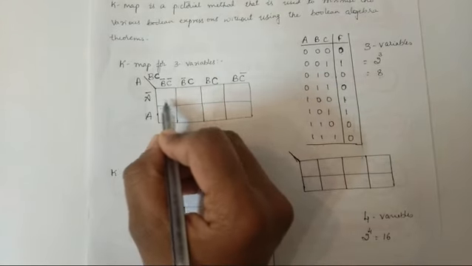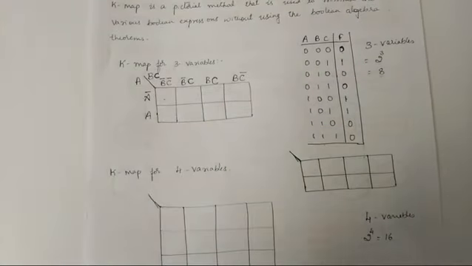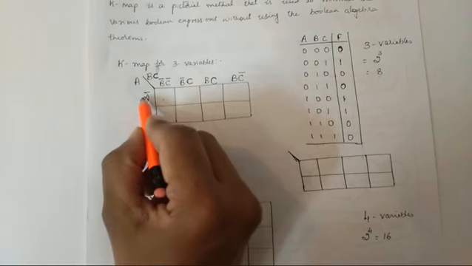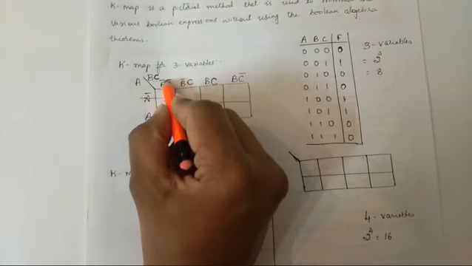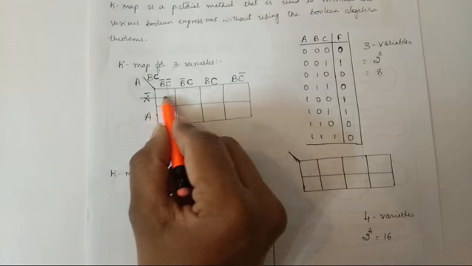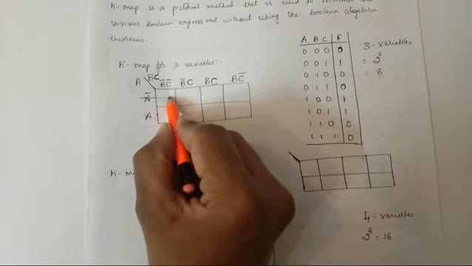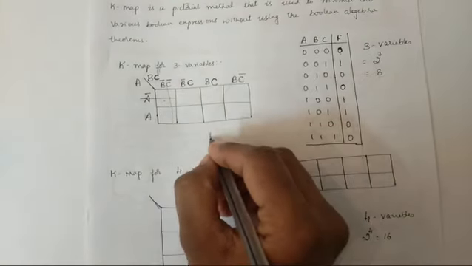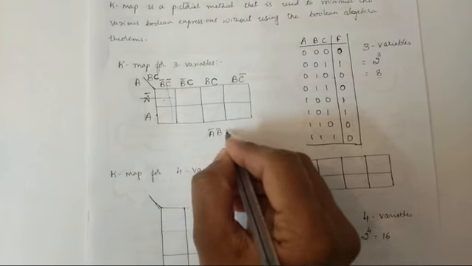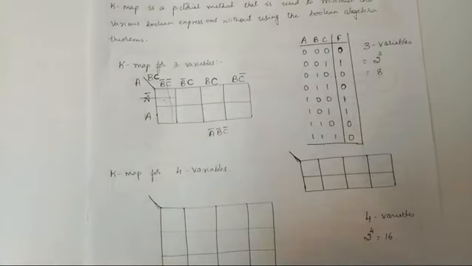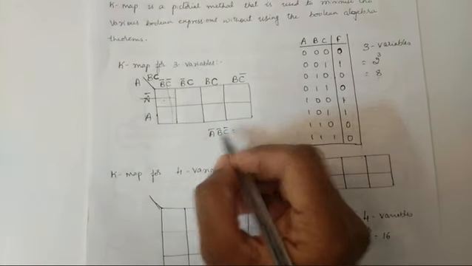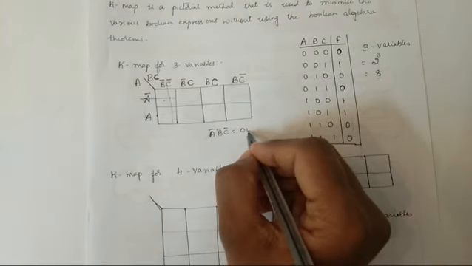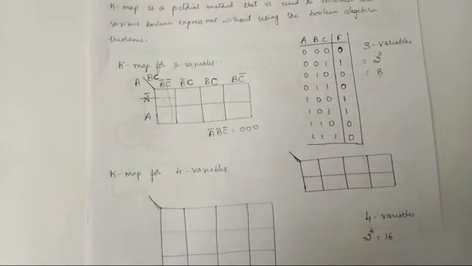If I take this first cell, for this the A bar, B bar, C bar are coinciding, and this cell represents A bar, B bar, C bar, which is nothing but bar meaning 0. So A bar is 0, B bar is 0, C bar is 0.